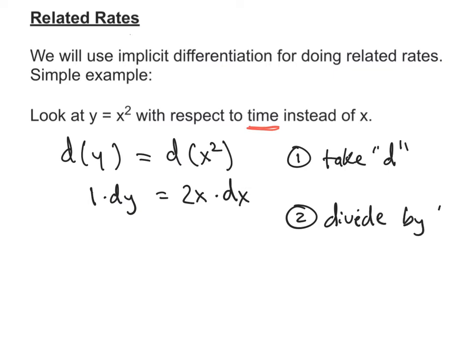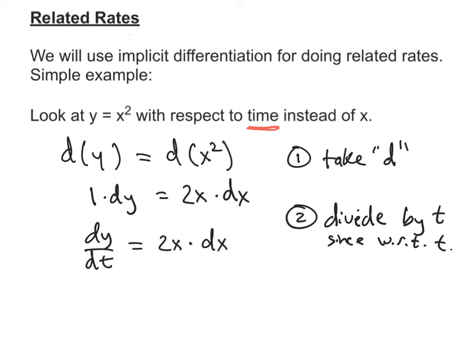We're going to divide by t, since it's with respect to time, okay? And so we'll divide each of these pieces here by t. And again, remind yourself that it's convenient to put the dt underneath the dx here, okay?